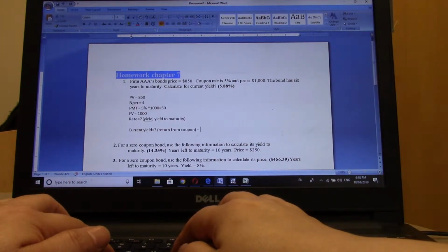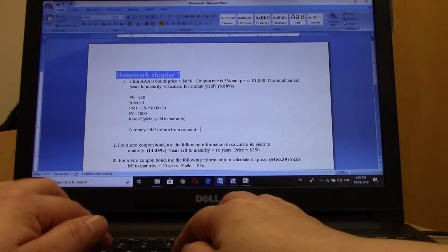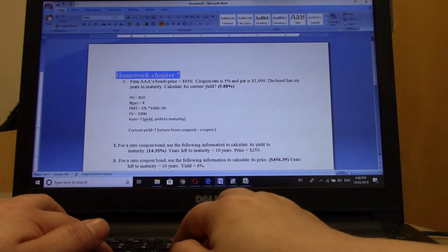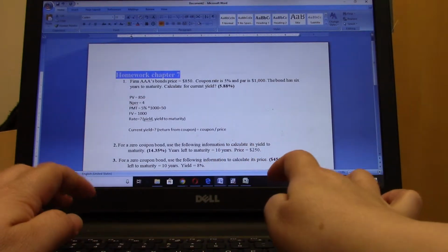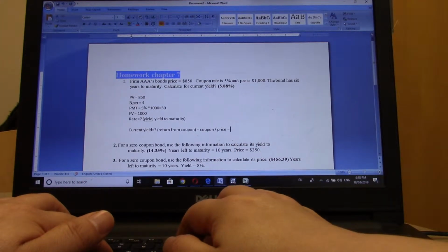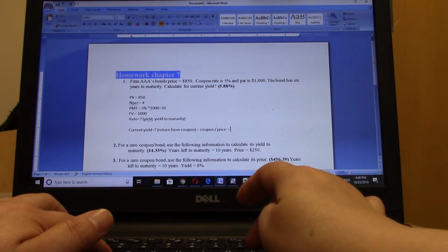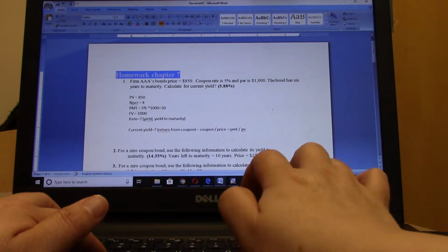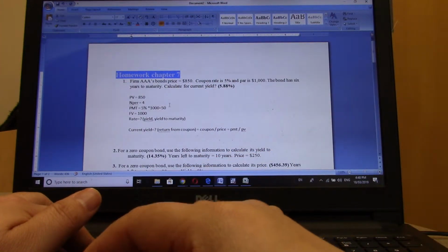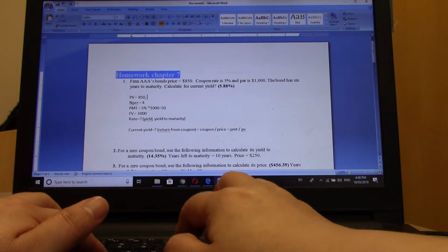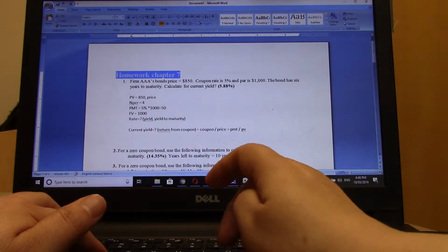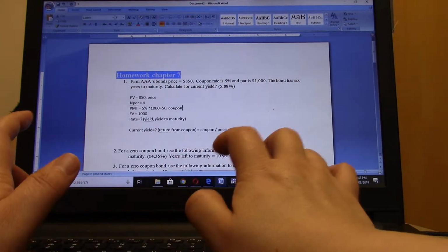The current yield definition, or the equation, should be coupon over price. In time value of money terminology, it should be PMT over PV here. So you see $850 should be the market price. Coupon $50 should be the coupon.